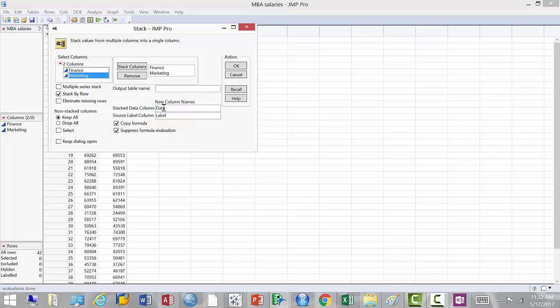And then it says, well, we're going to create 2 new columns for you. One will contain the data, the measurements, and another will contain labels, right? How do you want to call them? Well, they offer data and label, which makes sense, right? So I'm going to call the data column salaries, since my measurement is salaries, and the column with labels I'm going to call major, right?